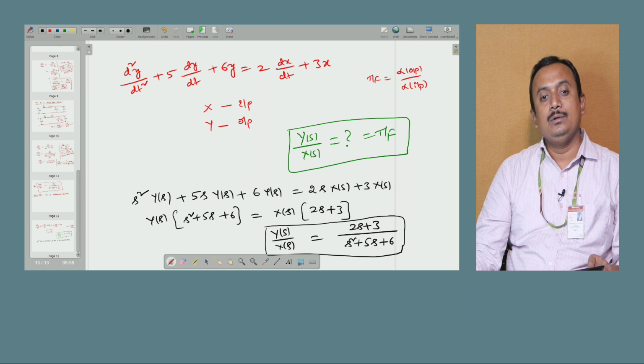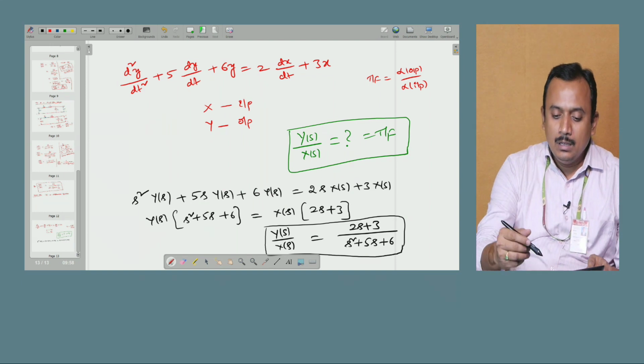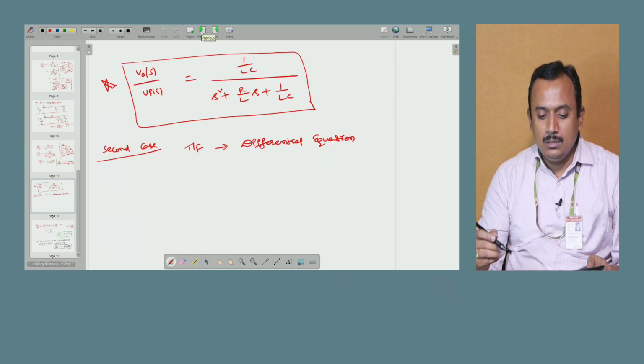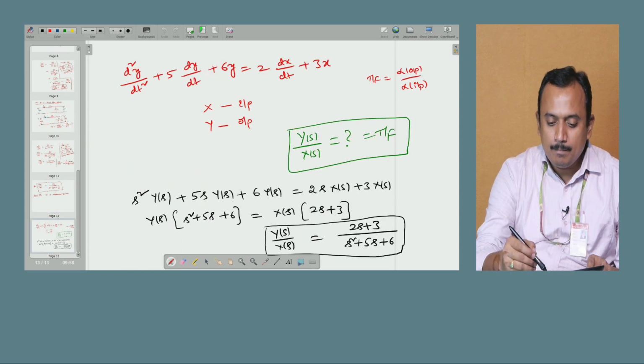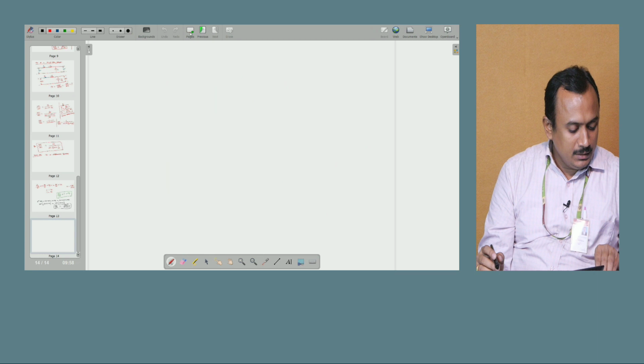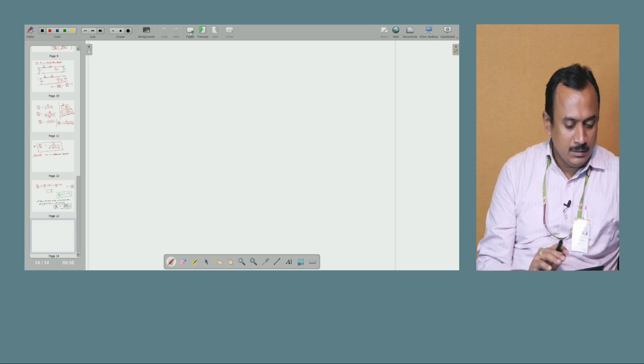So this is how we are going to find the transfer function for the given differential equation. Now let us see one more problem also of finding the transfer function.